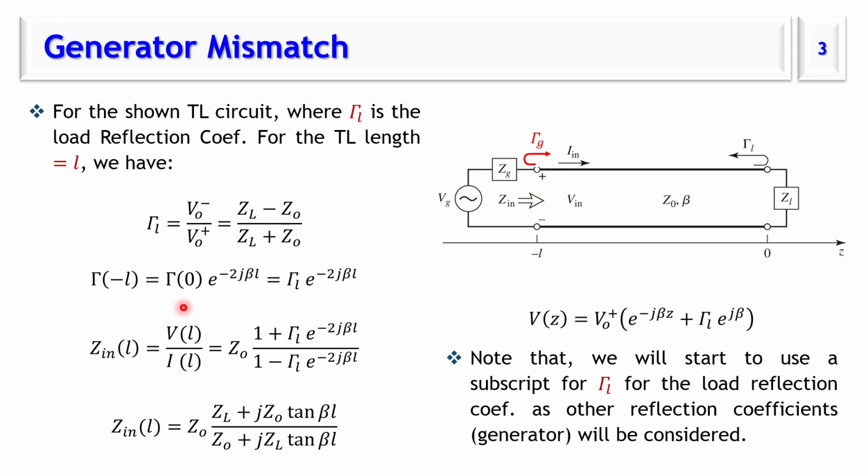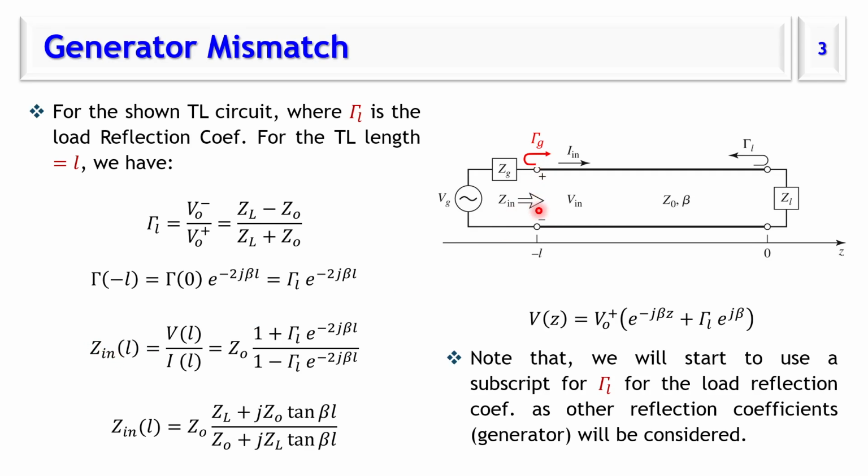So gamma at the input is gamma at minus L. Sometimes we write it as L for short, but we know this is the negative Z direction and this is the positive Z direction. Gamma in equals gamma 0, or gamma load, multiplied by e to the minus j beta L, or gamma L e to the minus j beta L.